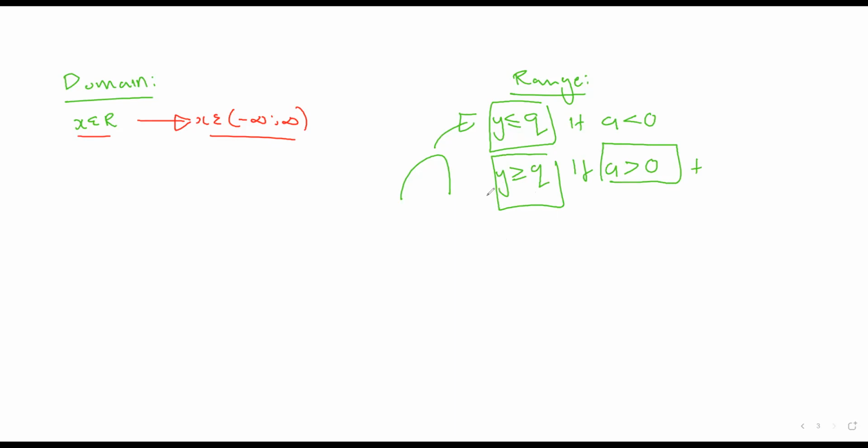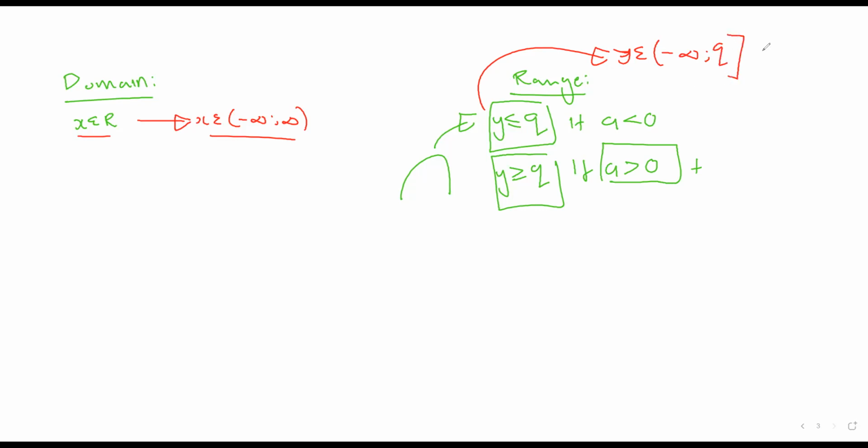This condition, we can also write it like y element. Remember, for the range of a parabola, we are looking at the y values. For the domain, we are looking at the x values. So this can also be written as y element of negative infinity to q inclusive.